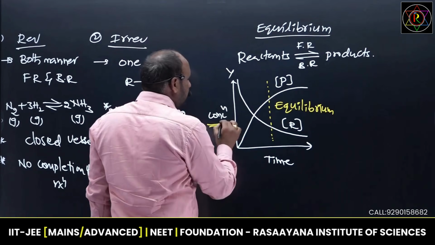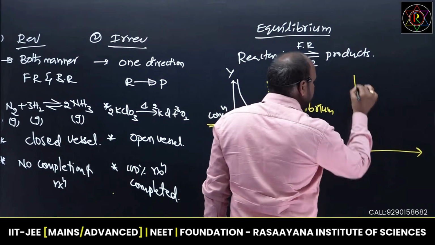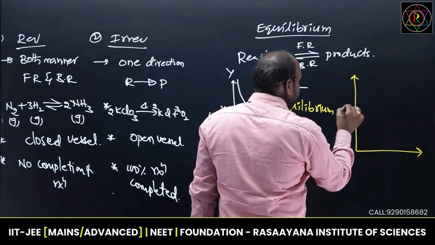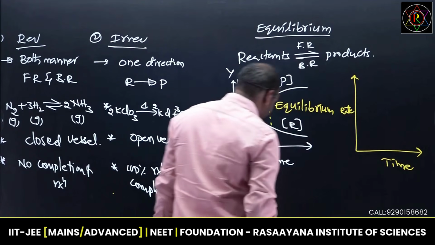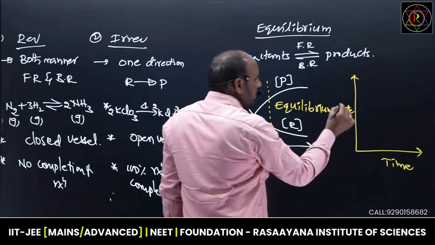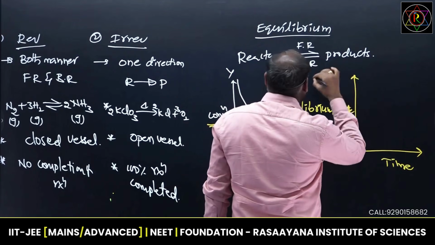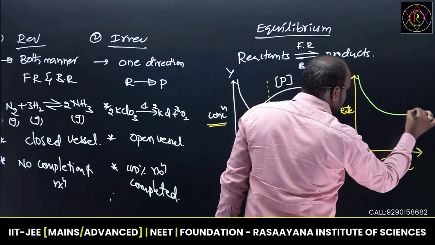In addition to concentration, we also have to explain with the help of rate of reaction. If we consider rate of reaction with respect to time, as the reactant concentration decreases, its rate decreases like this.